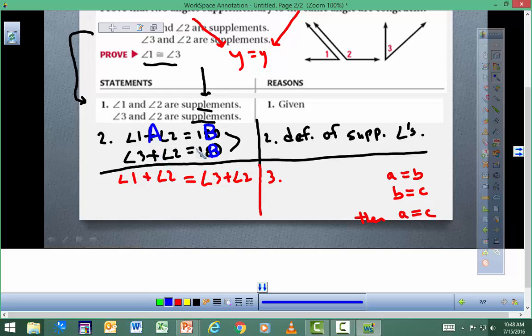And then this part, there's the B, and so that means this part over here must be the C. So what did we say? We said A is equal to C. Well, that part there is the A. This part over here is the C. Okay? So I know this takes a little practice, but whenever you see the transitive property, you want to recognize that setup. And there's the basic setup right here. This setup is going to come up a lot in this geometry class.